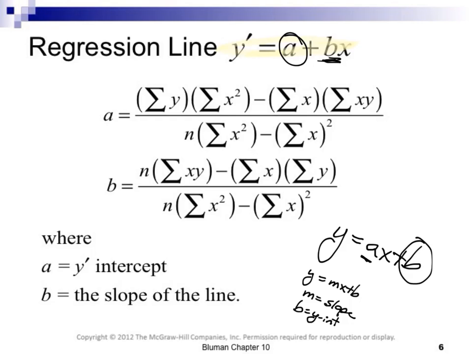When you write this, whatever's next to the x is your slope, whether it's an A, a B, a C, a D, a whatever. For some reason, there are different ways to write it. Looking at this line up here, A, because it's not attached to the x, it's not the coefficient of the x, is your y-intercept, and B is the slope of the line.